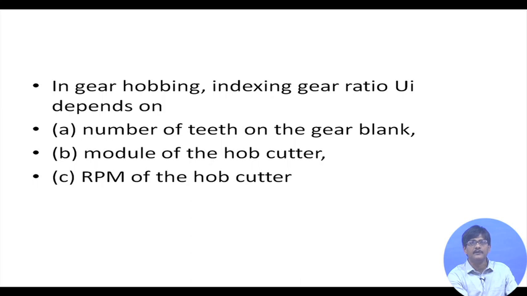In gear hobbing, the indexing gear ratio UI depends on the number of teeth on the gear blank, the module of the hob cutter, and the RPM of the hob cutter. Let's see, what is it dependent upon? Let's write down here.